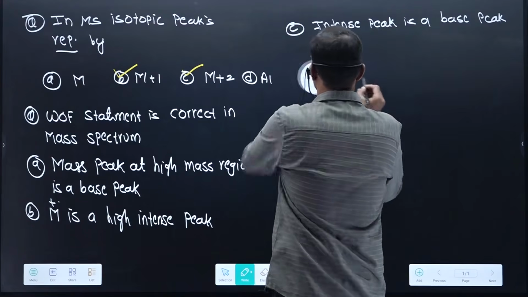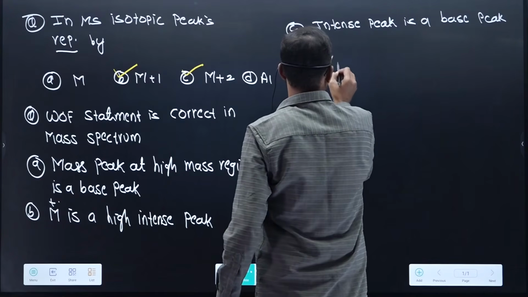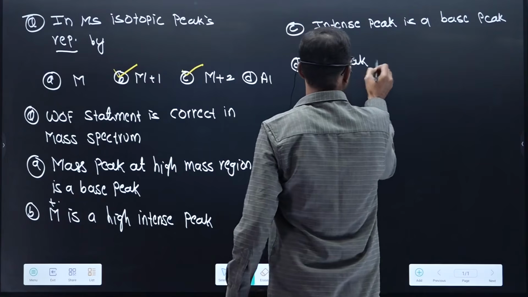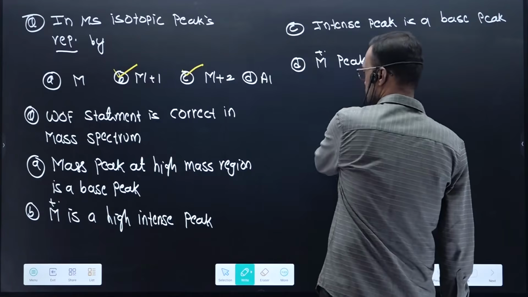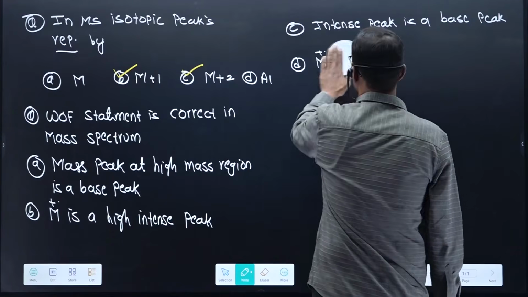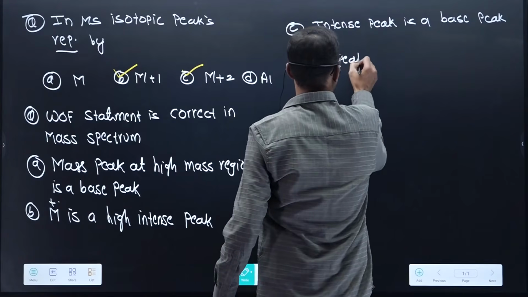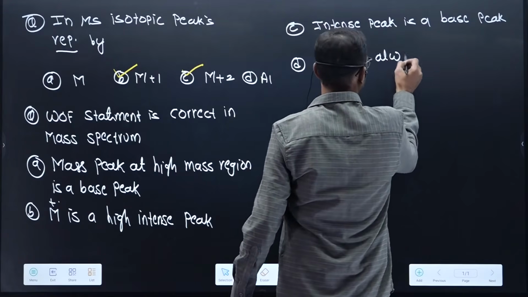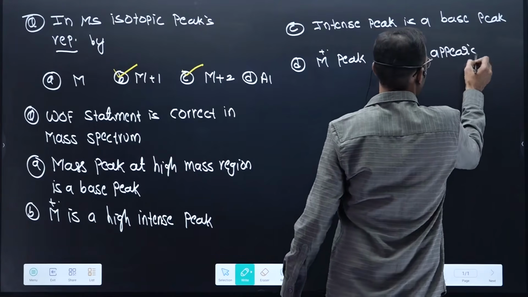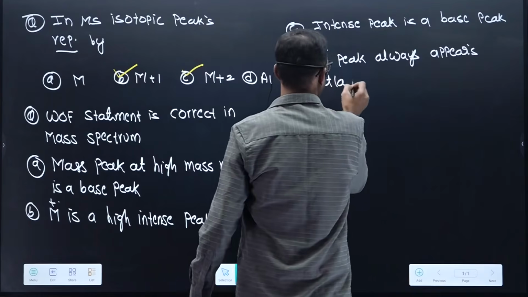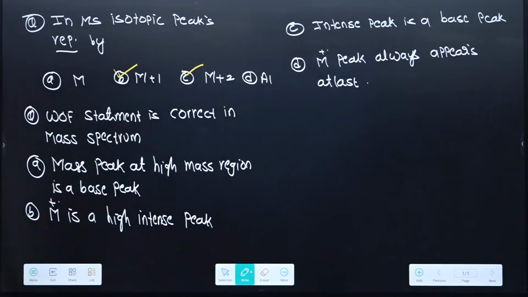Option D: the molecular ion peak always appears at last. Which is the correct statement among these four?